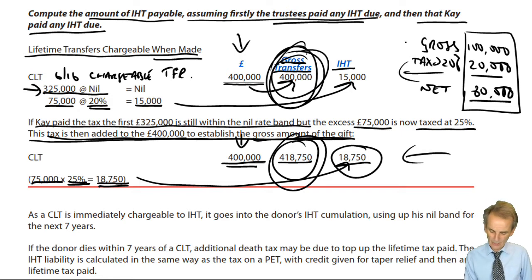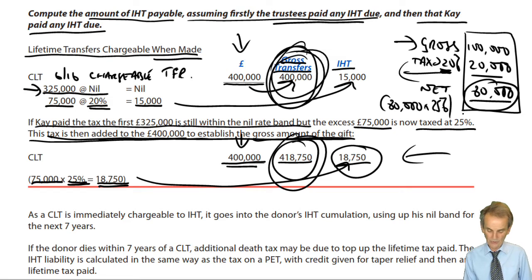If therefore I'm given a gross figure to compute the tax, I tax at 20%. If what I've been given is a net figure, how do I get that tax? I don't take 20% of 80,000. 80,000 is multiplied by 25%, which of course would then equal £20,000, and there is the self-same tax figure.